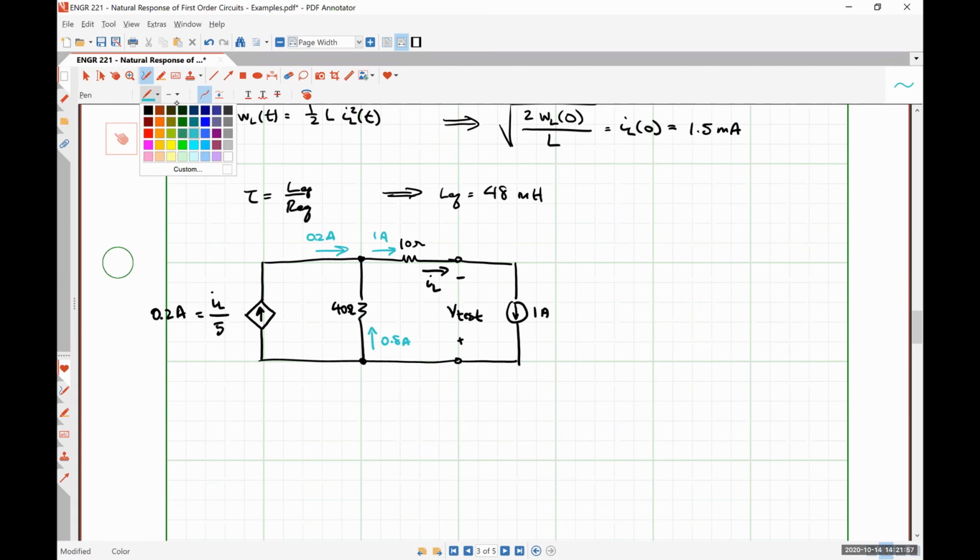So we can write a very simple Kirchhoff voltage law relationship, V_test is equal to V_40 plus V_10. Let me double check to make sure I'm not making some silly mistake.